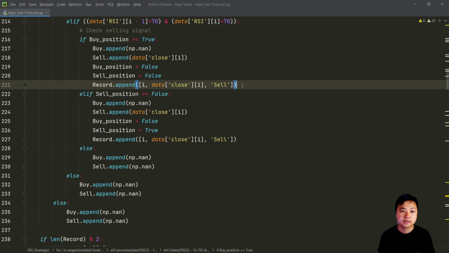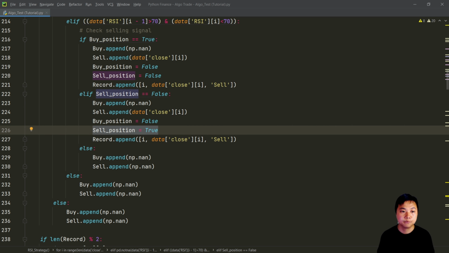On the other hand, just in case we are not holding any positions at this point, in that case, we want to short the market. So we will just short the market, and you can see we do not have any buy positions, and also we do not have any sell positions, because we have a selling signal, so we will short the market.